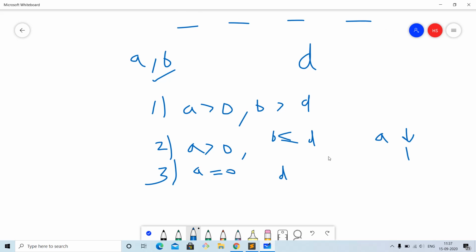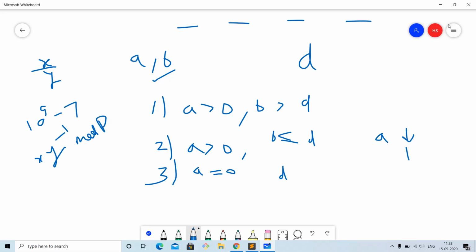Since the question says this number is in the form of x by y, where y is coprime with a large prime, 10 to the power 9 plus 7, we have to find the answer for each shield as x times y inverse mod this large prime. We can call this large prime capital P.